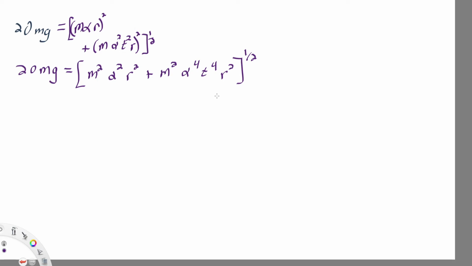And when we take it outside the square root, m squared r squared becomes just mr. And we've got a mass on both sides of the equation, so that's going to cancel out.